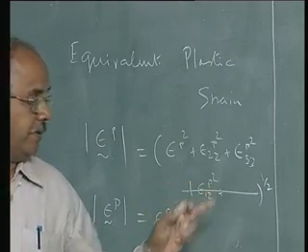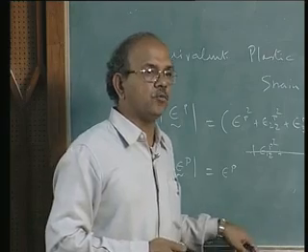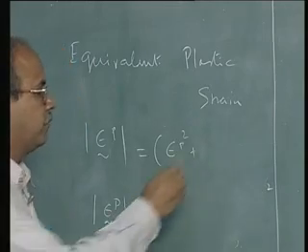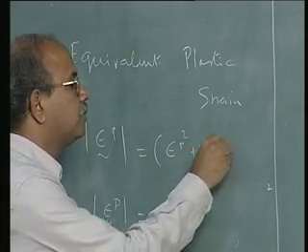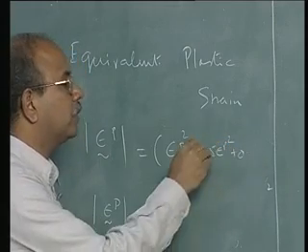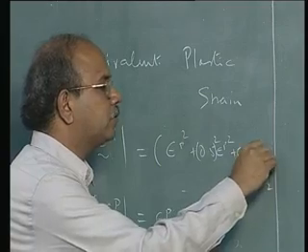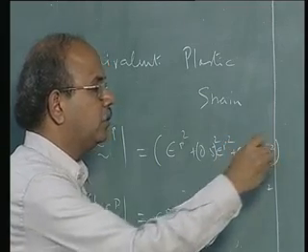So, what would I do? I would replace the second two terms by 0.5 epsilon p squared plus 0.5 squared epsilon p squared, whole power half.